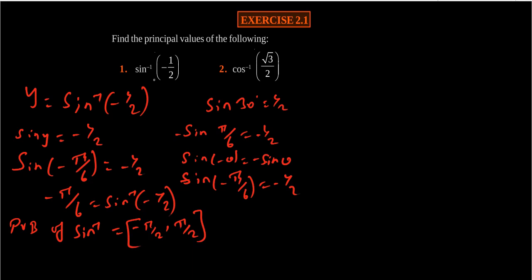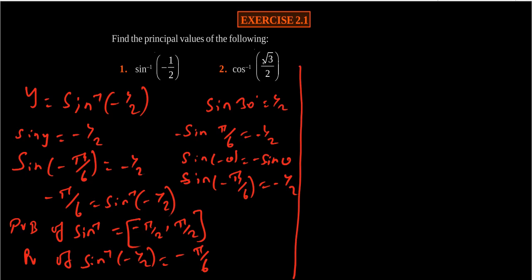Here, for this given value minus 1 by 2, the principal value is minus pi by 6. So, sine inverse of minus 1 by 2 will occur at minus pi by 6. So, the principal value of sine inverse of minus 1 by 2 is minus pi by 6. Next question.